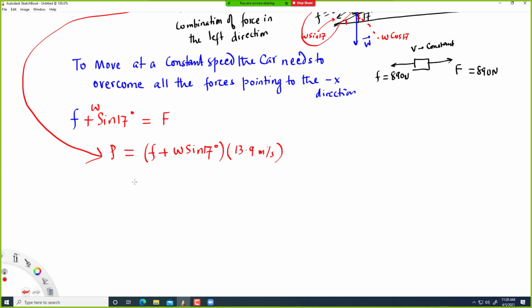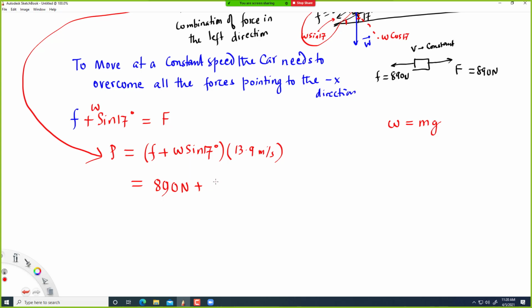Okay, so let's plug in the numbers. Friction 890. Work, sorry, not work. Don't be confused with this W. Okay, this is the weight here. We are talking about the x component of the weight. So how do you find weight? The formula for weight is mg.